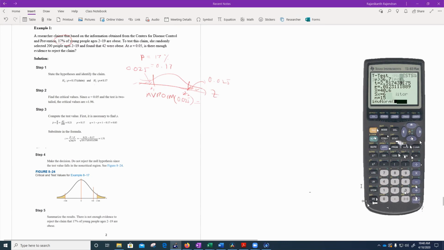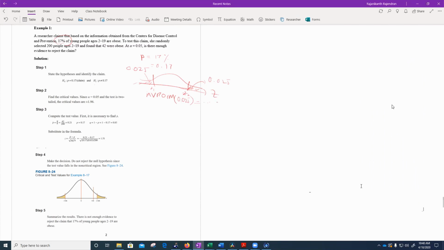I'm plugging in 0.025, but the default is always 0 and 1, so you don't need to change it. So it is negative 1.96. If this is negative, then this should be positive, and that is why you have those two answers here.